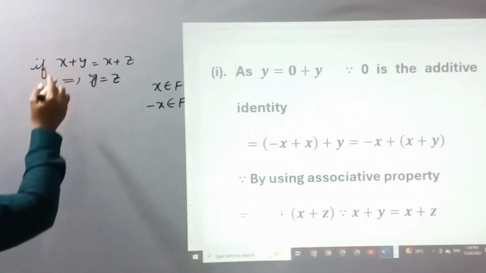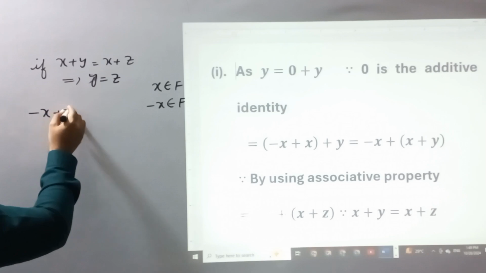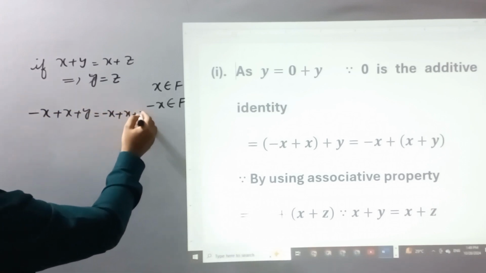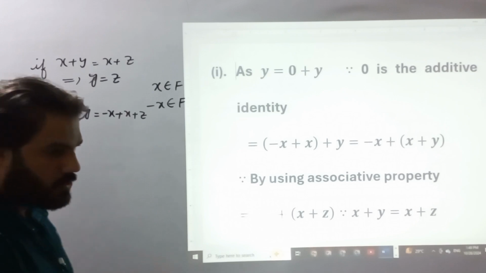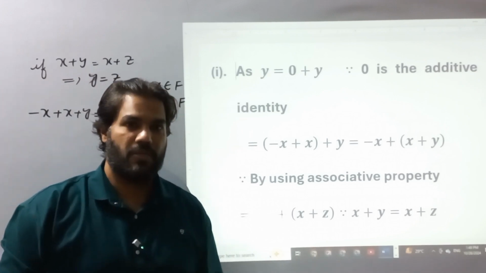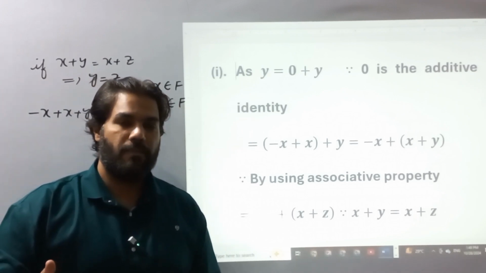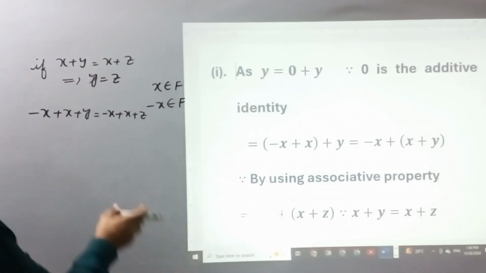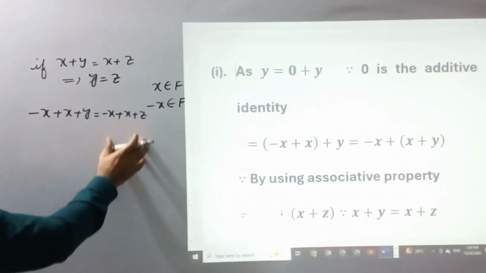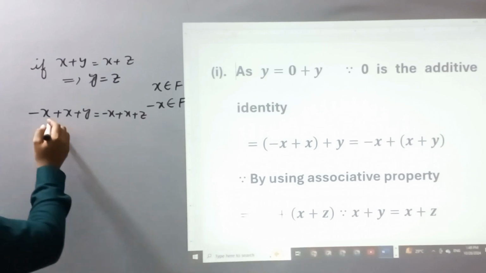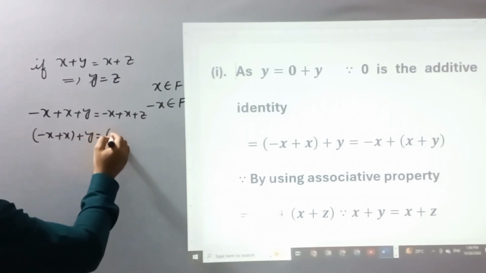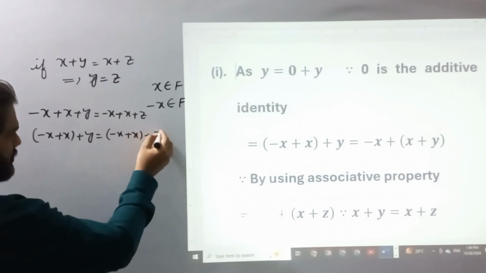In this equation we have minus x plus x plus y equals minus x plus x plus z. Here we will prove all of these steps logically by mentioning the properties of a field. By using the associative property, this will become minus x plus x, plus y, equals minus x plus x, plus z.